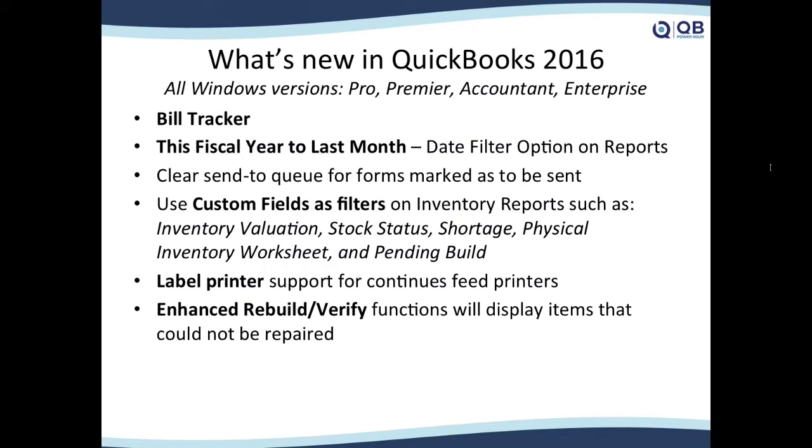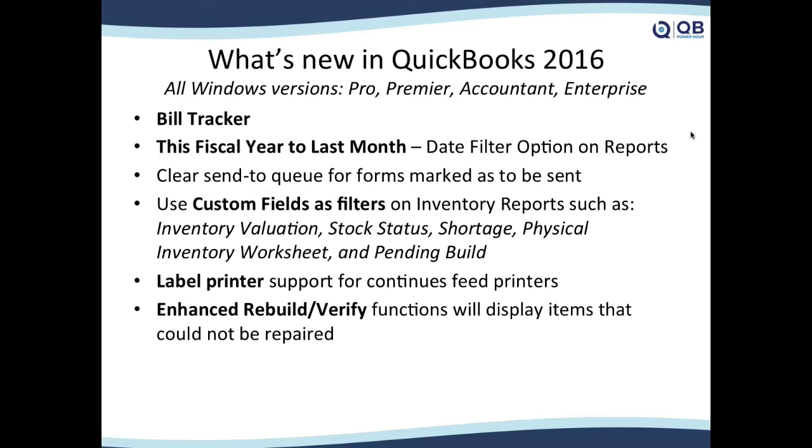We have a new feature that allows you to use custom fields to filter inventory reports, which is actually pretty neat because we can have different inventory items with custom fields, and we can use those attributes to separate how much of this type of inventory I have and how much of that type of inventory I have. Then there's also support for continuous feed printers.